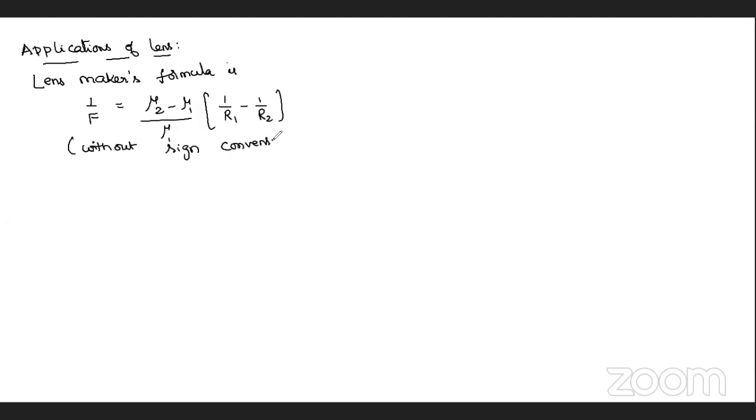And another one, to find out the object and image distances, particularly for lenses, if the media are the same on both sides of the lens, that is, both sides have the same refractive index, mu1.